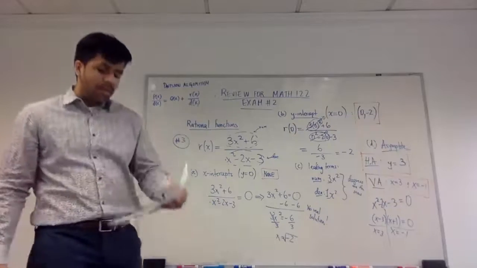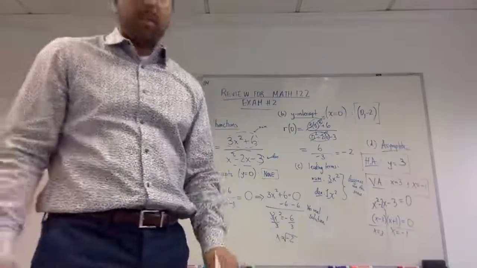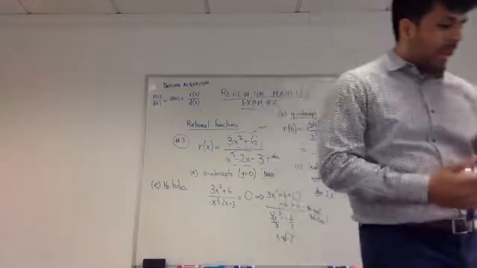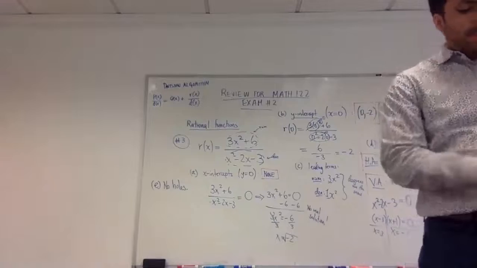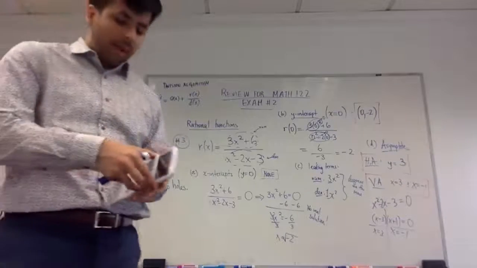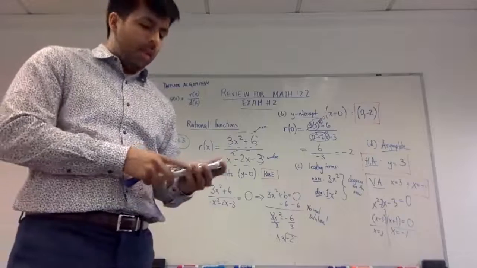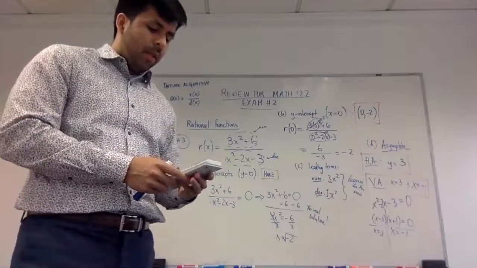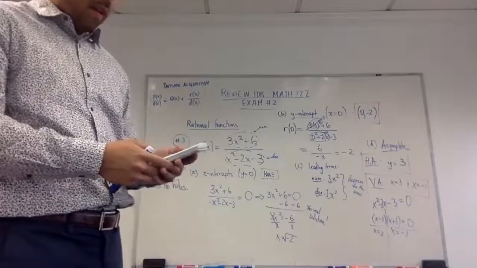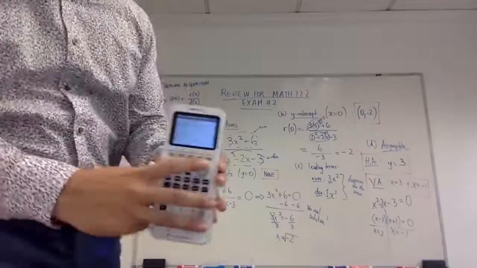And now probably the hardest one here is to find the domain and range. What I would do is graph this on my graphing calculator, and I highly recommend doing so whenever you deal with graphing rational functions. So when I graph it, I'm going to show you what I get.